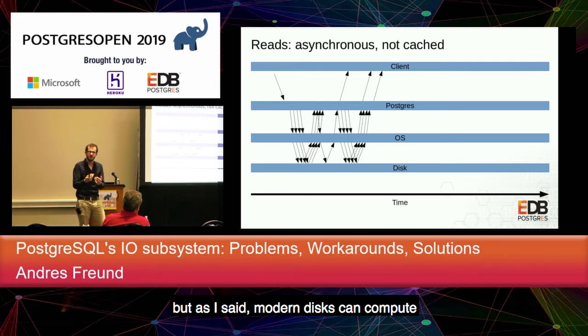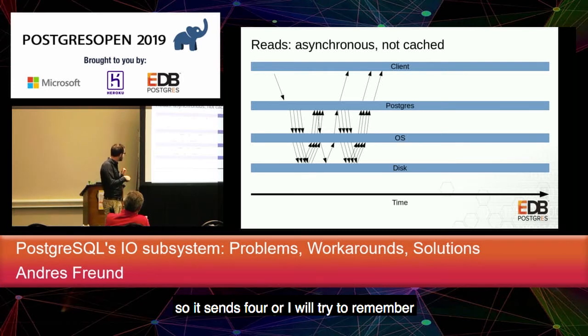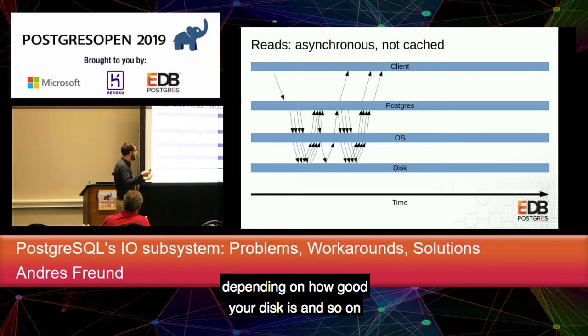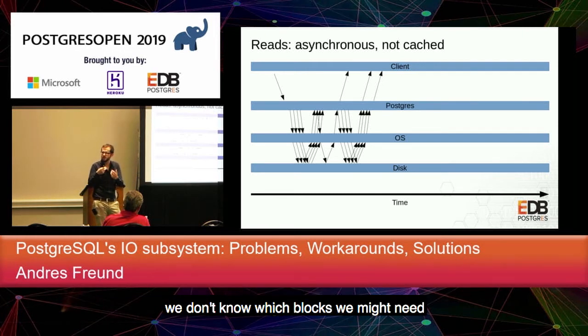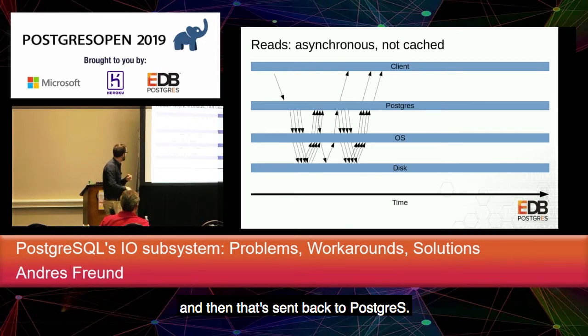But as I said, modern disks can compute multiple reads at the same time. So it sends 4, or an arbitrary number, depending on how good your disk is and how much data we know that we need, because sometimes, if you do an index scan, we don't know which blocks we might need because we have to walk through the index. And then that's sent back to Postgres.